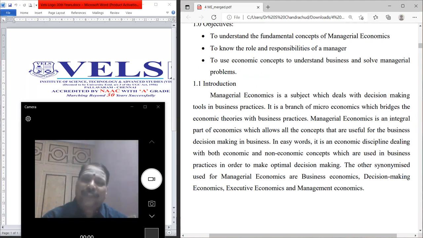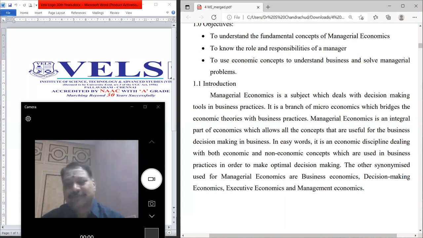Actually, managerial economics is a subject which deals with decision-making tools in business practices. It is a branch of microeconomics which bridges economic theories with business practices. Managerial economics is an integral part of economics which covers all the concepts useful for business decision making.